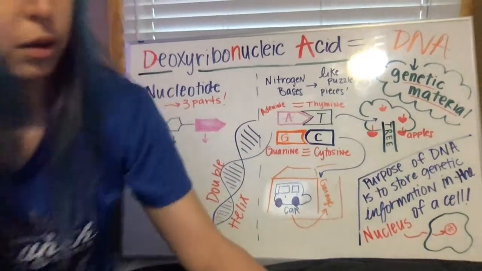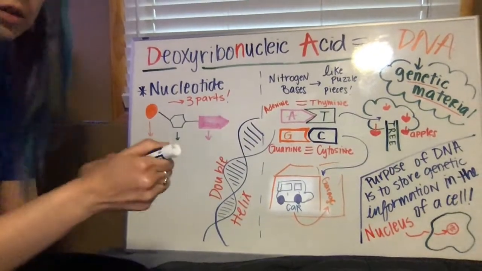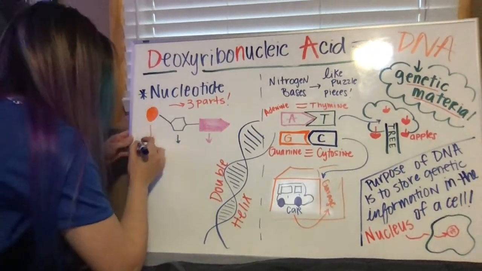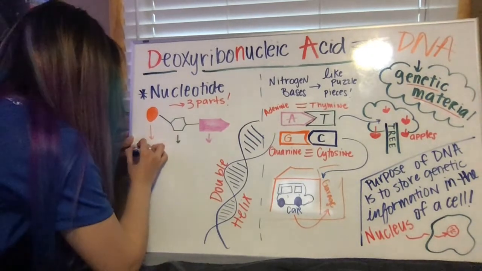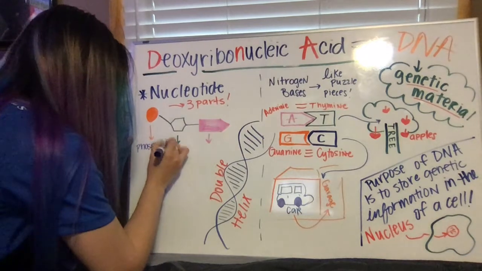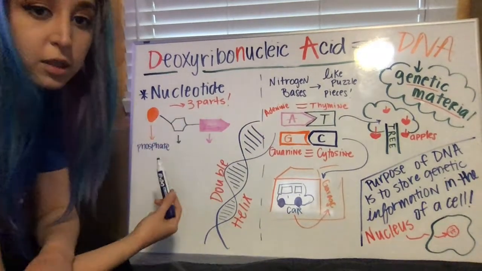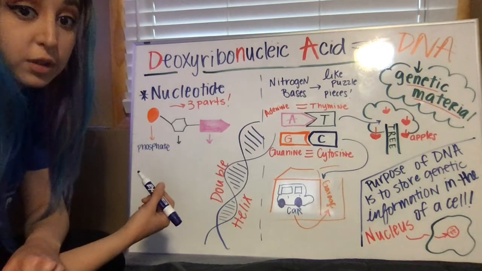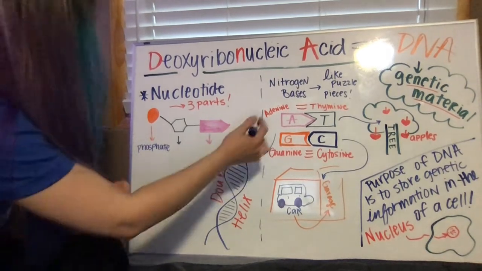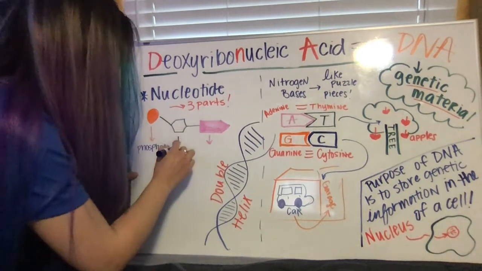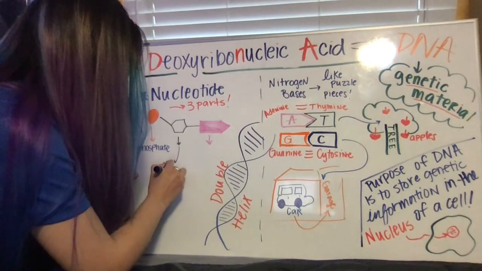Now, a nucleotide has 3 parts, which includes the phosphate backbone. And in the lab that you did, that's what the phosphate was talking about, just the backbone of the ladder. Then we have a sugar. We call this the deoxyribo sugar.